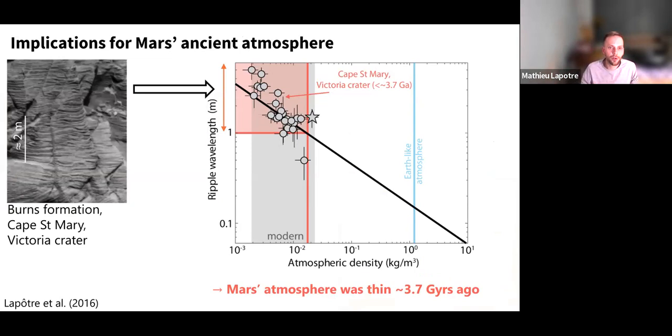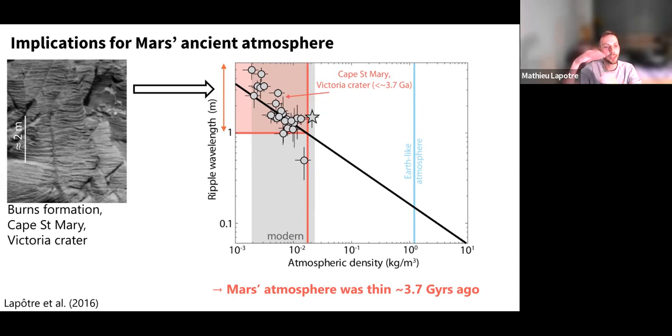We found preserved stratification from ancient large wind ripples on Mars. This is an example yet from another rover. This is the Opportunity rover, which visited the Burns Formation and Victoria Crater back in 2005, I believe. And based on the thickness of the trough cross sets that we observed at Victoria Crater, we inferred a range in ripple wavelengths that is shown here by the height of the red box.